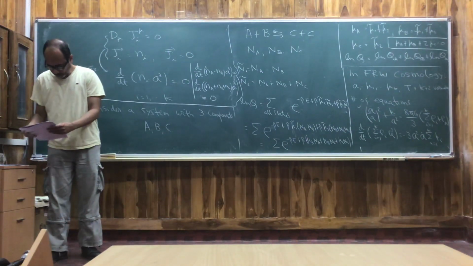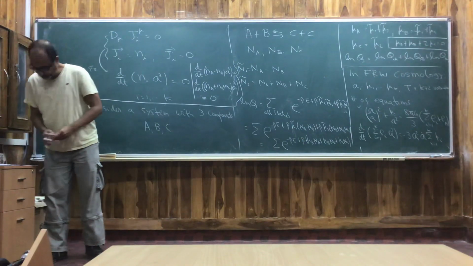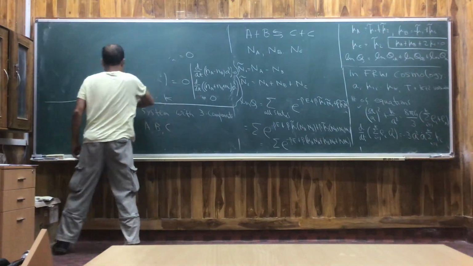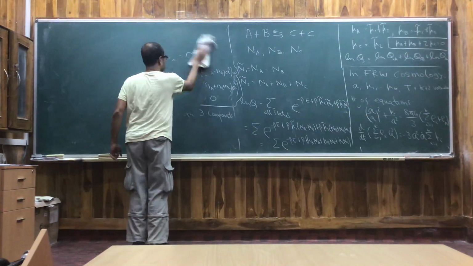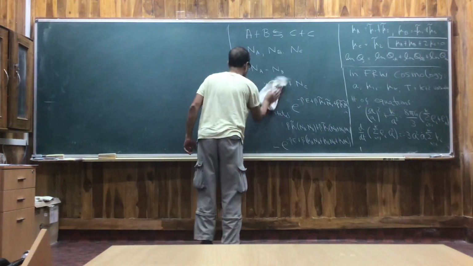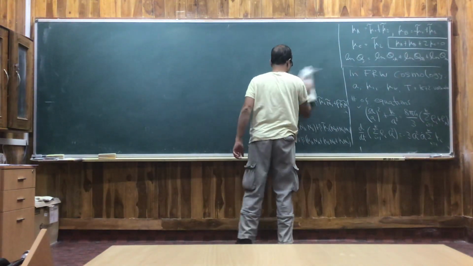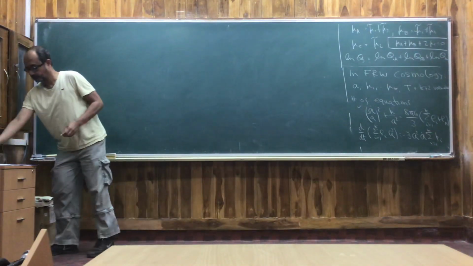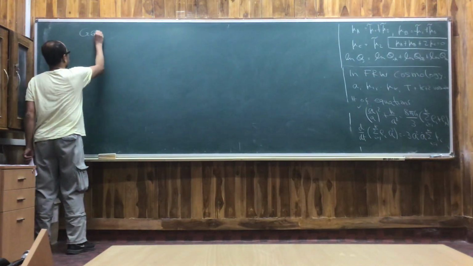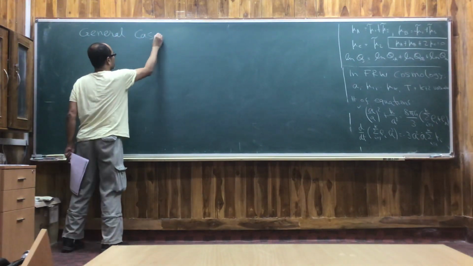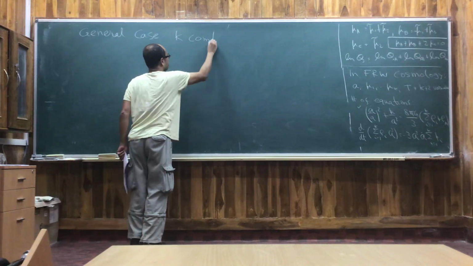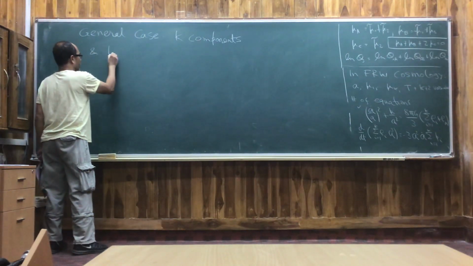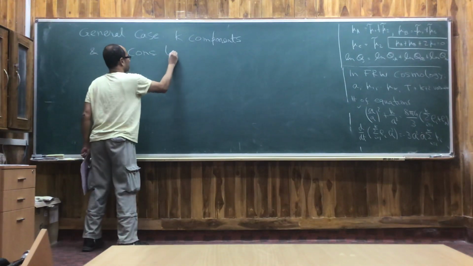Okay, so let me discuss a general case, then I'll stop. A general case will be k components and L conservation laws, with L less than or equal to k.